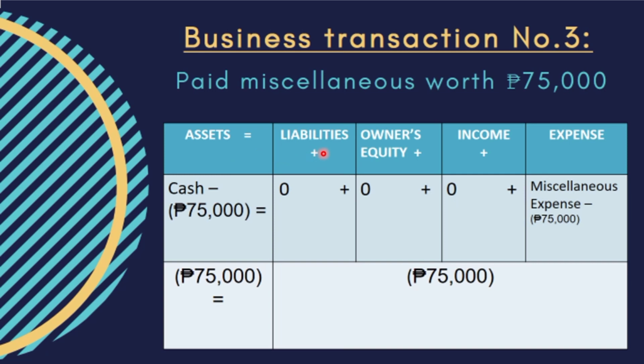On the liabilities plus owner's equity plus income plus expense side, it is miscellaneous expense, which is 75,000 negative. So, using the accounting equation, negative 75,000 equals negative 75,000. Business transaction number 3 is balanced.